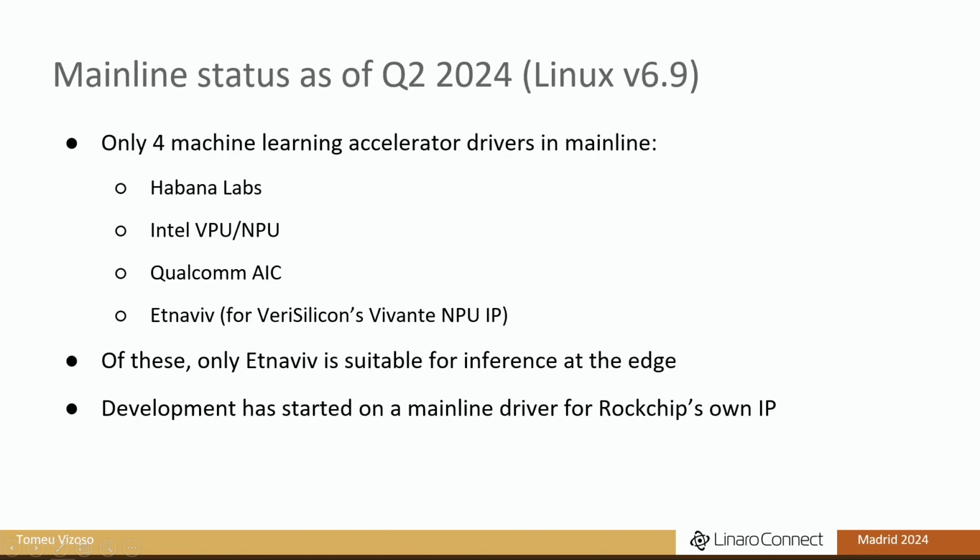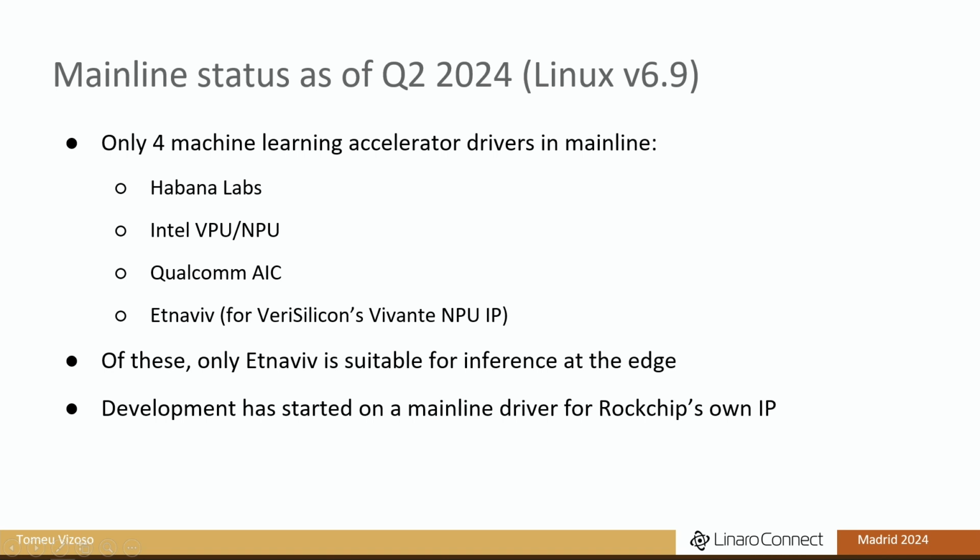So where are we right now? We have 4 machine learning accelerator drivers in mainline. Habana Labs, Intel VPU, which now is called NPU, Qualcomm AIC. The first and the third one are only for the cloud. Intel VPU is more for desktop, but it's flexible enough. Maybe we'll see that going down to the edge, I don't know.